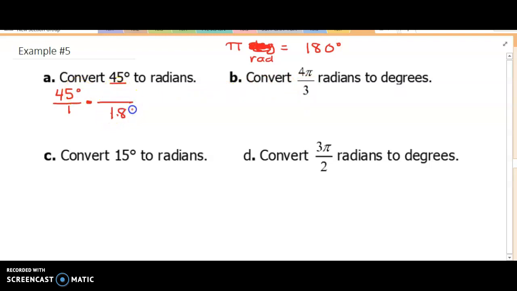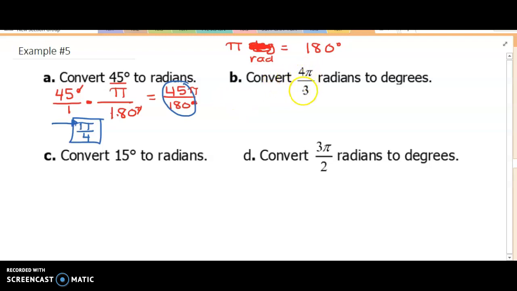So I'm going to have 180 degrees on bottom and pi on the top, because these degrees cancel. If I put these together, 45 pi over 180. Oh, I don't have the degree symbol anymore, sorry. Now 45 over 180 is just 1 over 4, so I'm left with pi over 4, and this is my final answer. You don't have to write radians because it's understood that if there's a pi in it, you're talking about radians.